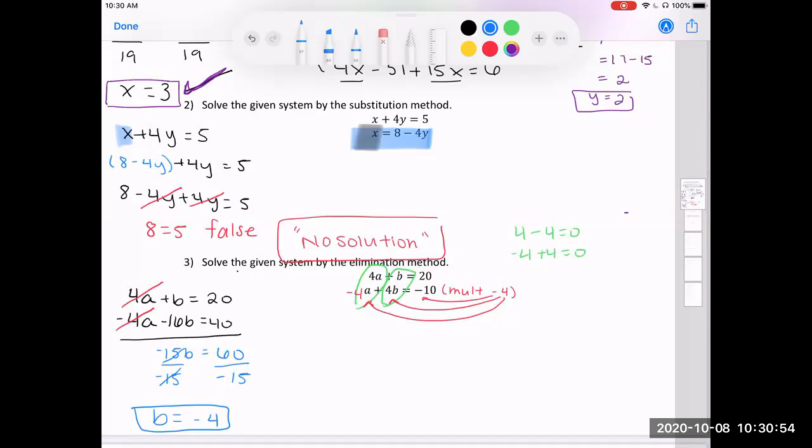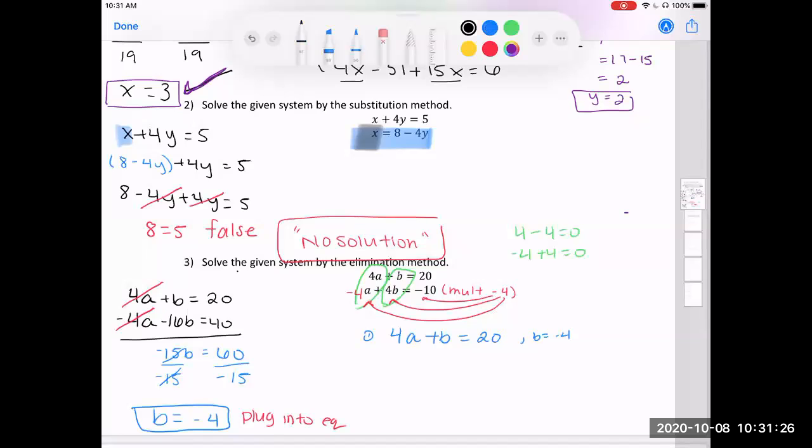Okay, so now we need to find A. We're going to take our answer and we're going to plug it into our equation. Which one? We have 2. It doesn't matter. You can plug it back into any one, whichever one you think is easiest. I'll go ahead and plug it into the first one. So that first equation was 4a plus b equals 20. Now we have that b is negative 4.